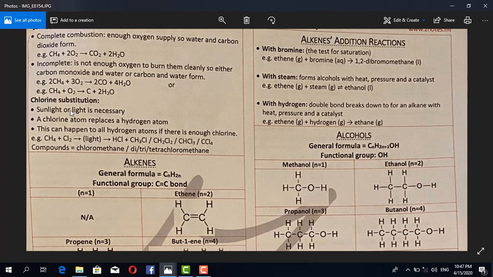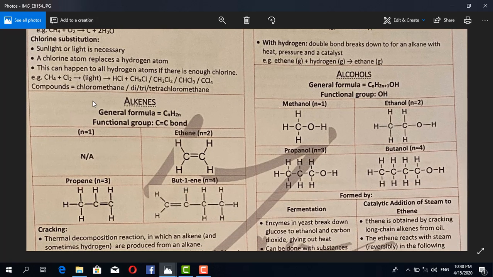For the chlorine substitution, sunlight or light is necessary. A chlorine atom replaces a hydrogen atom. This happens to all hydrogen atoms if there is enough chlorine. For example, here we've got methane with chlorine. In the presence of light, we would have these compounds.